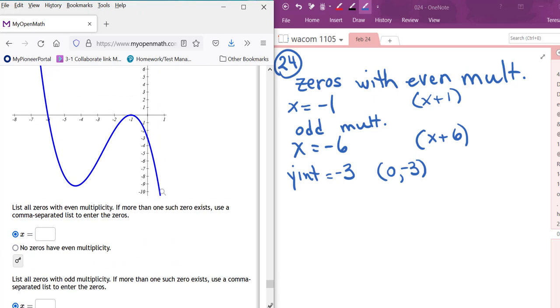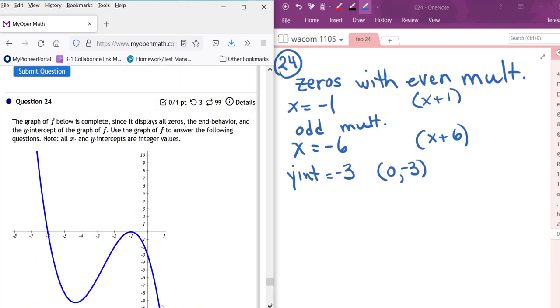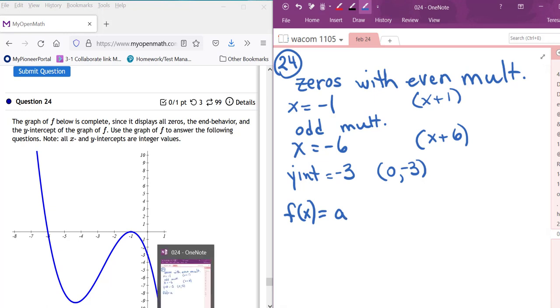So what do we call this one, P of x or f? We call this one f. So f of x equals, we don't know the leading coefficient, right? We do know that it's going to be negative because this is a cube graph turned upside down.